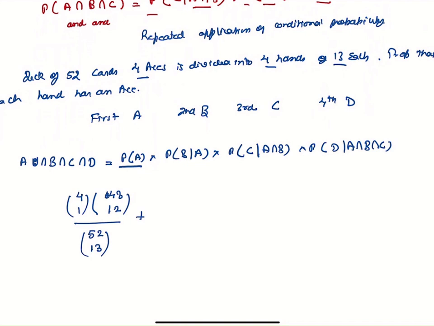Now we are thinking about the probability of B given A, where 13 cards have already been removed. Now we have 3 aces left, 3 choose 1, but the total cards remaining are 52 minus 13.